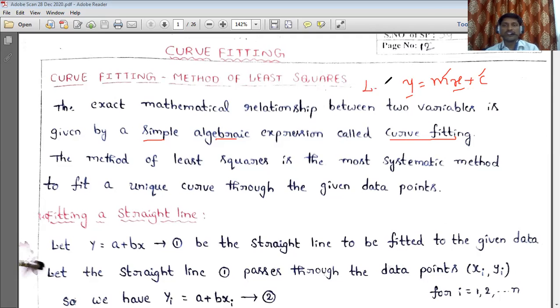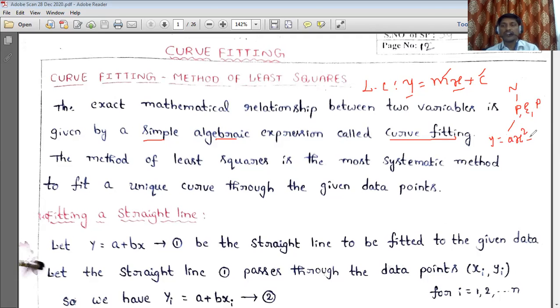A linear curve is the straight line y is equal to mx plus c, and the non-linear curves are the parabola or second degree polynomial, the exponential curve and the power curve. Those also have specific expressions. The parabola is y is equal to ax square plus bx plus c.